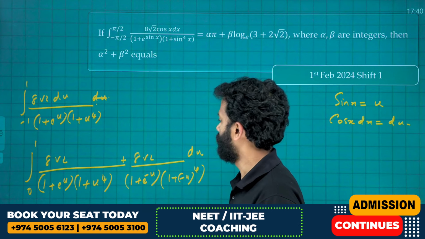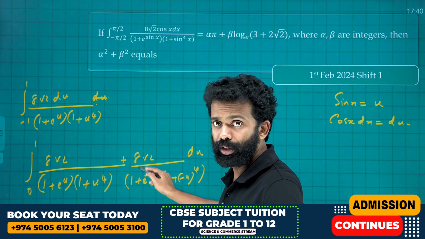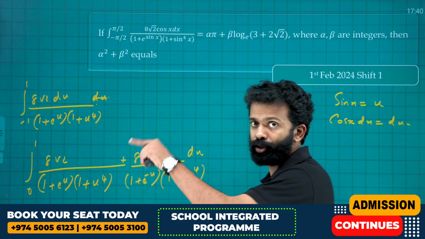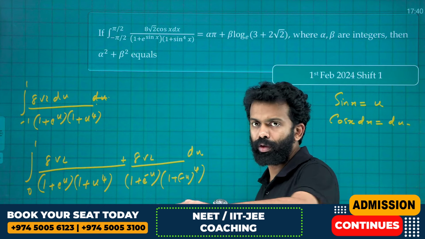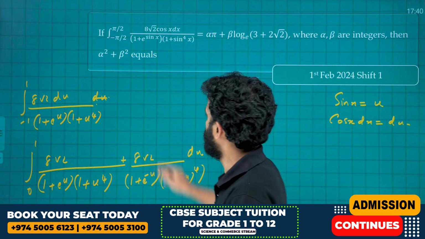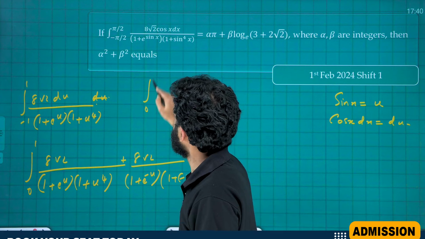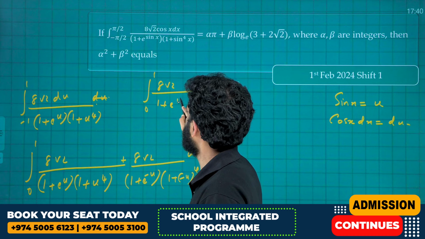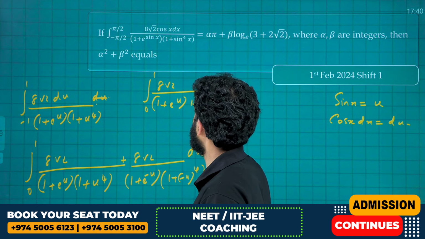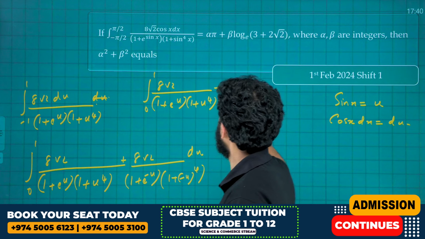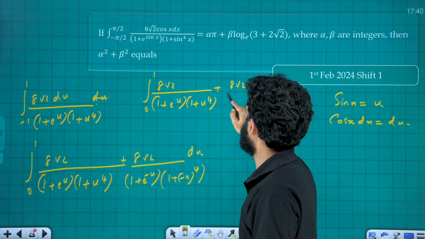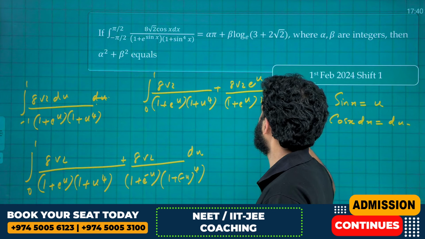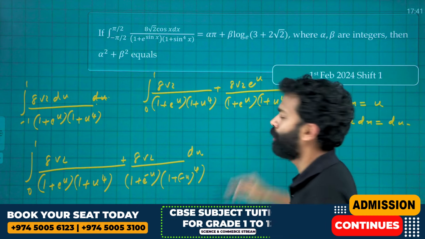What happens here is, in the denominator of this part, we can convert e raised to minus u to 1 by e raised to u. If we cross multiply and simplify, it will be 0 to 1, 8 root 2 divided by 1 plus e raised to u into 1 plus u raised to 4, plus 8 root 2 into e raised to u divided by 1 plus e raised to u into 1 plus u raised to 4 into du.